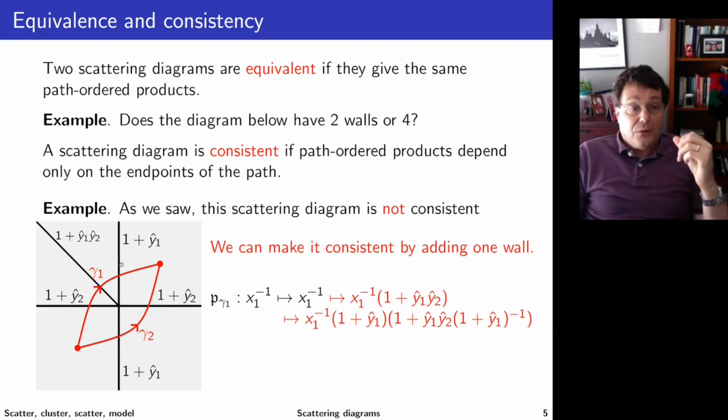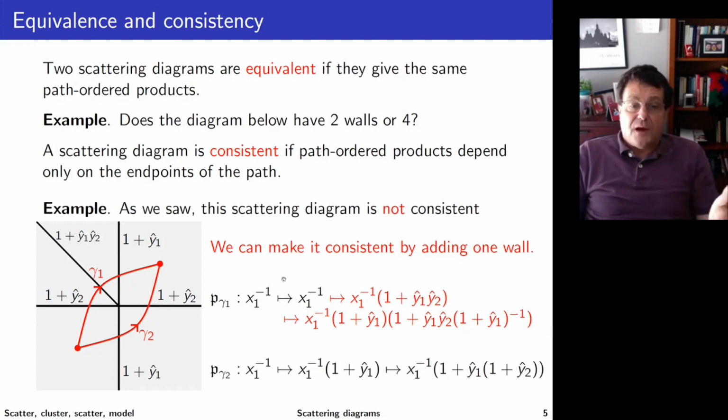And then in the next step, we cross this wall, and something happens to the x1 inverse, and also something happens to the y1 y2 hat. And that's our path-ordered product applied to x1 inverse now.